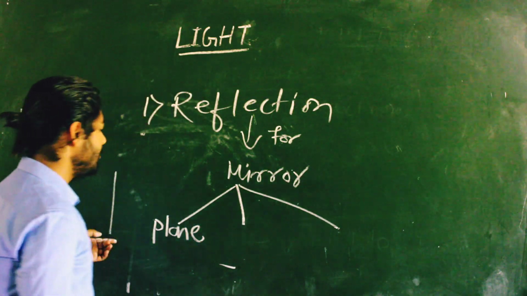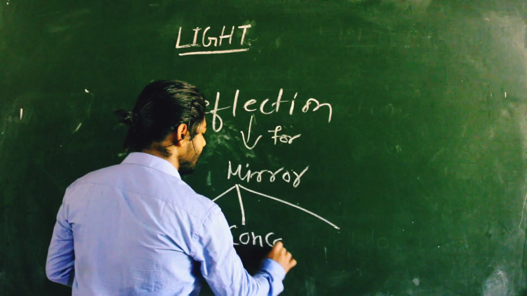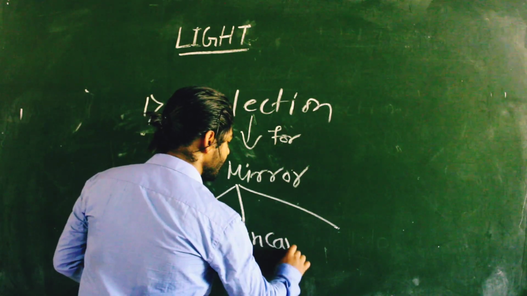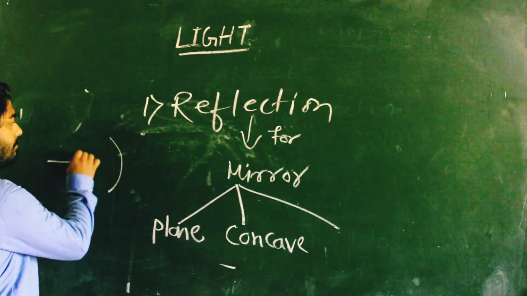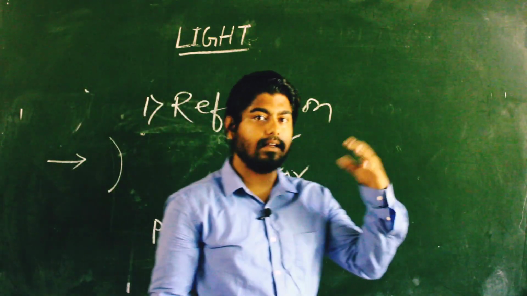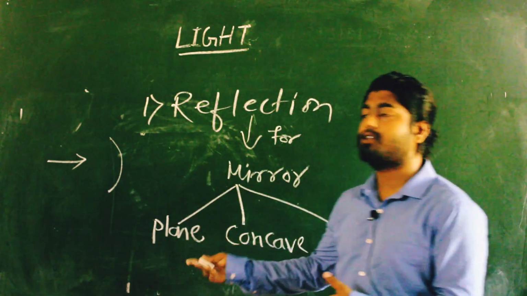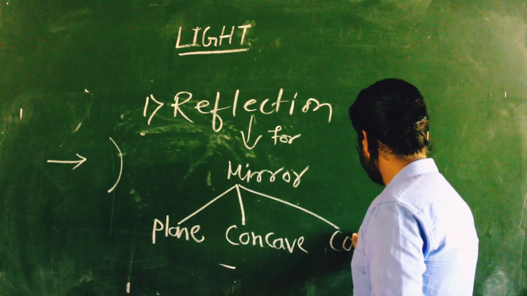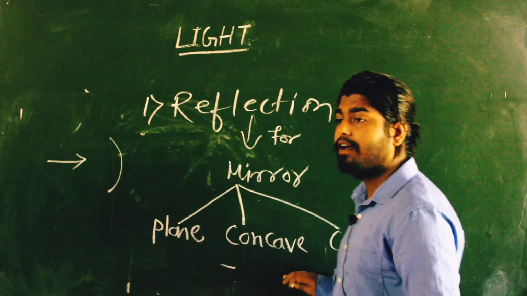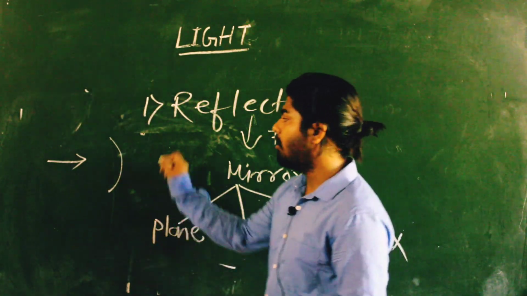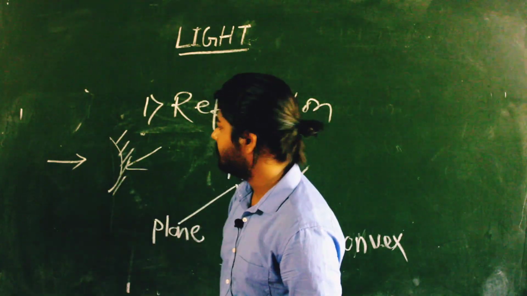Then we will have concave mirror. It's like curving inside, if you see from this side. Like the inside of a spoon, it's a concave mirror. Then you will get convex mirror. You can think of it like the opposite side of a spoon, and the reflecting surface will be here for convex.